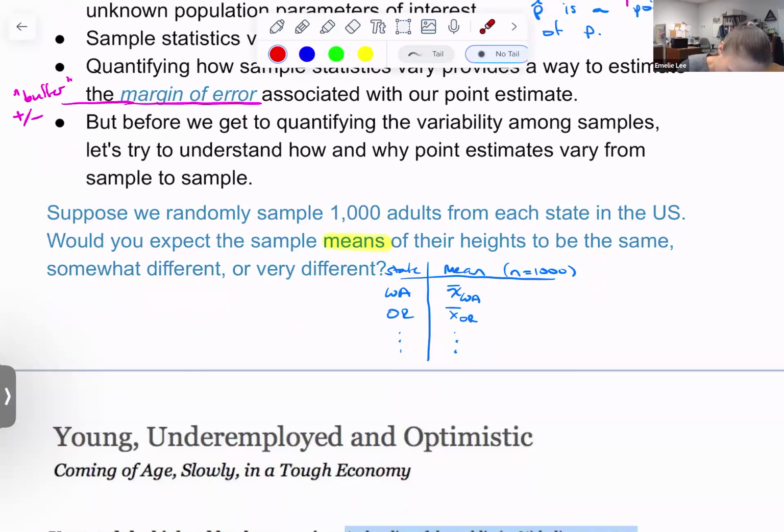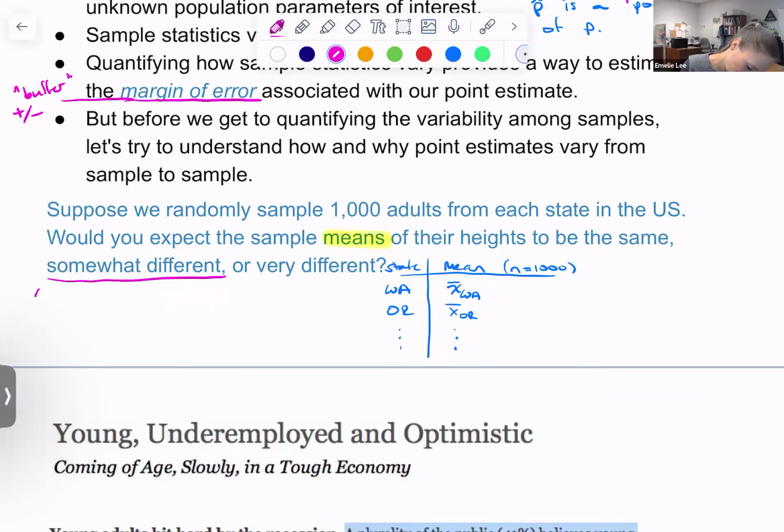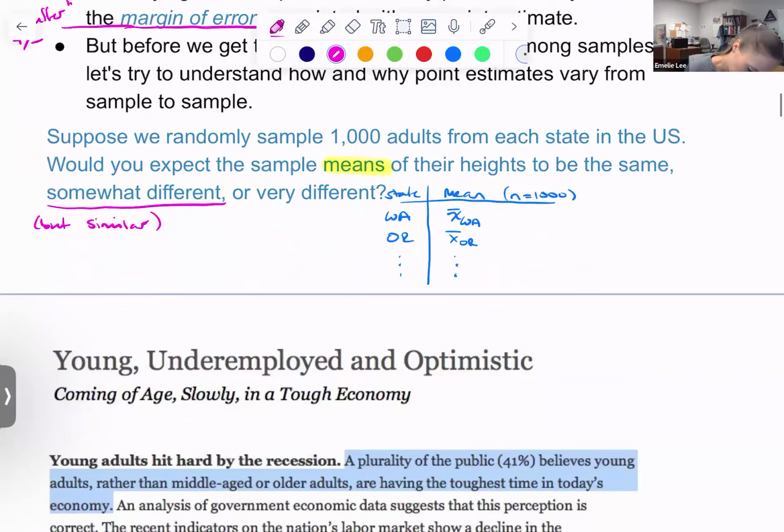And so I would expect them to be somewhat different, but similar. In fact, what do I expect them to be centered around? I would expect all these average heights to be centered on the population mean height.